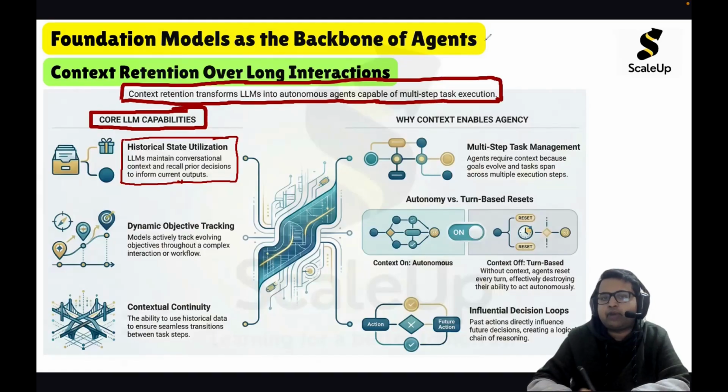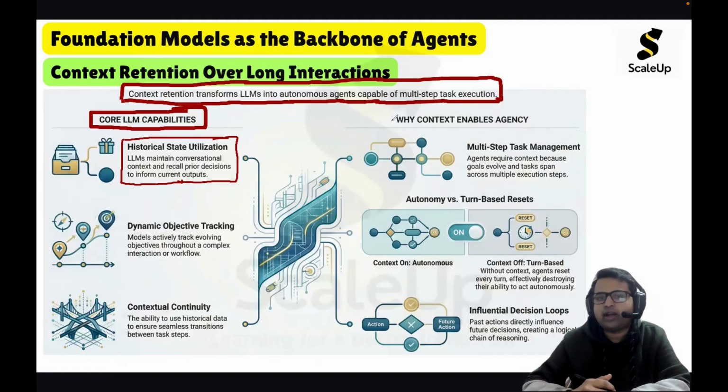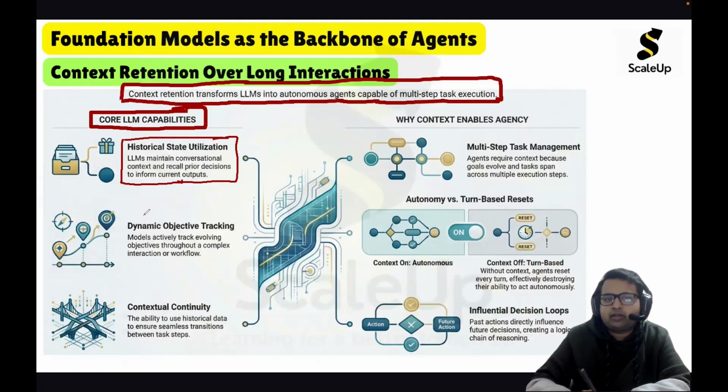That's a very powerful capability of large language models. Long interactions are supported because of context retention. Let us suppose you are interacting with a large language model, and after 1 month you are talking to it. It will remember you if the context is saved. So it makes use of that.